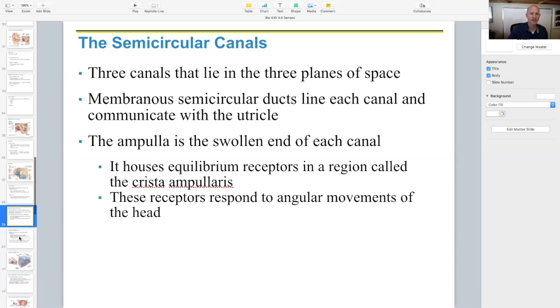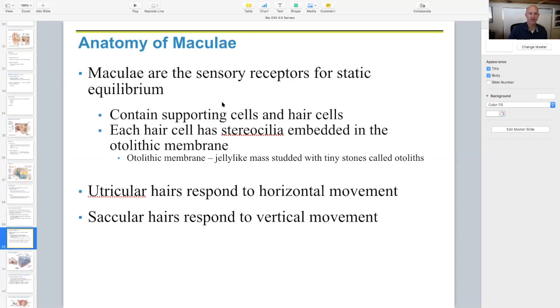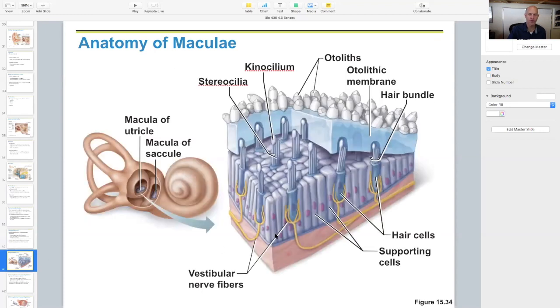So what does it look like? Well, let's look at the maculae first. The maculae are this group of sensory receptors, and they contain what we call supporting cells and hair cells. Each of these hair cells has an extension of actual hairs called stereocilia, and they're embedded into a jello-like membrane called the otolithic membrane. So here's what it looks like. Here is that whole area, the maculae.